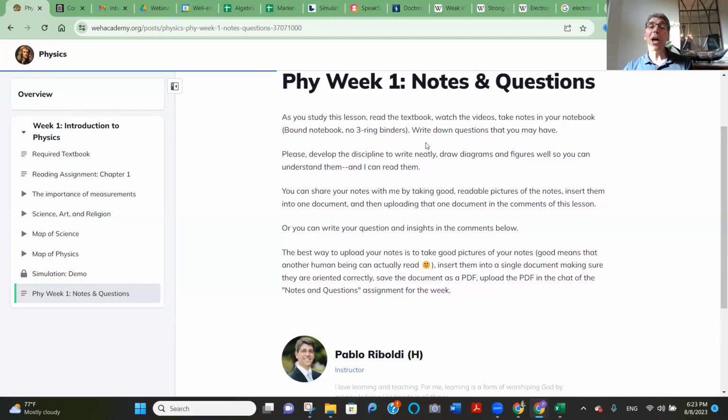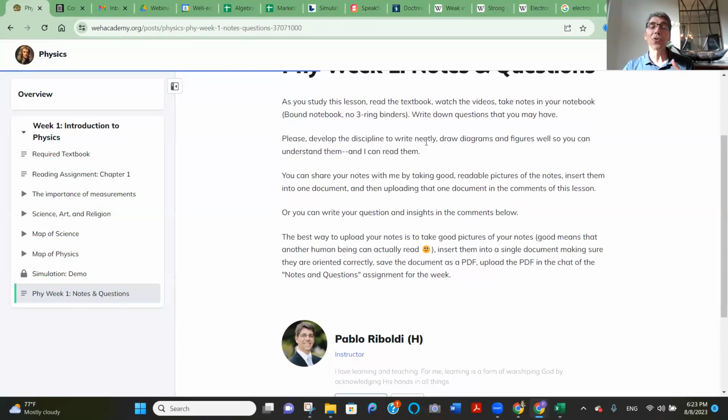And these notes are very important in order to keep track of your own learning. So it's basically a way for you to be able to remember the things that you have learned.